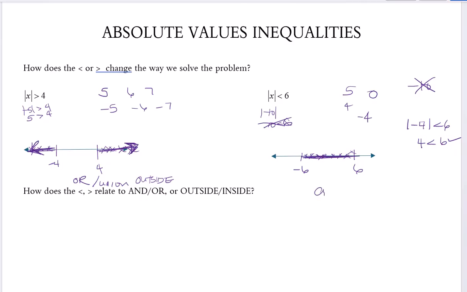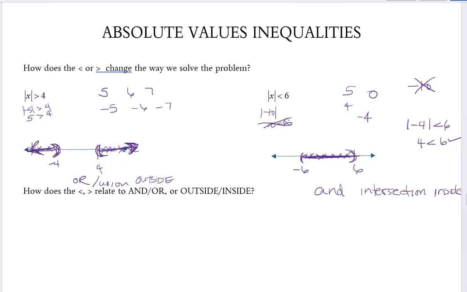And that looks a lot like my AND situation, which is typically the intersection. It's my AND intersection, and it's the same as, it's inside. There we go, that's the one word I didn't include. Now again, these are not equal to, so we're going to have the rounded brackets here, here, and here.